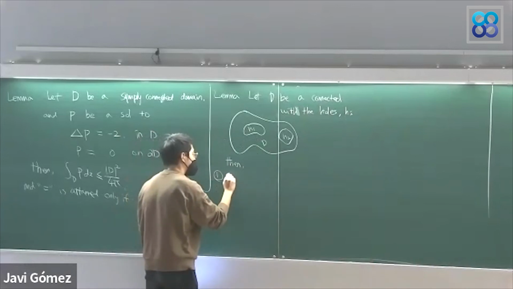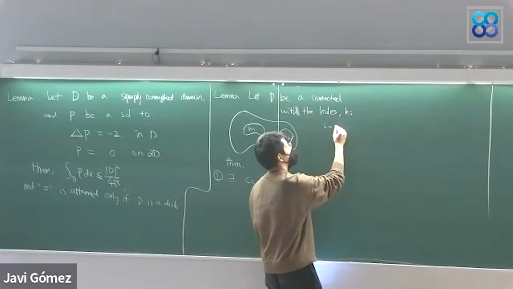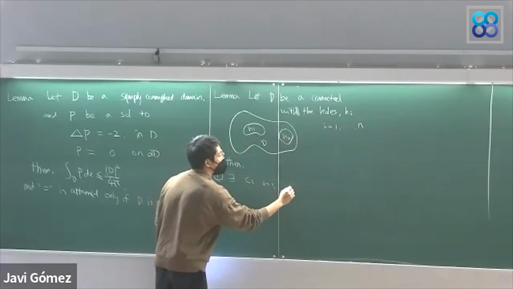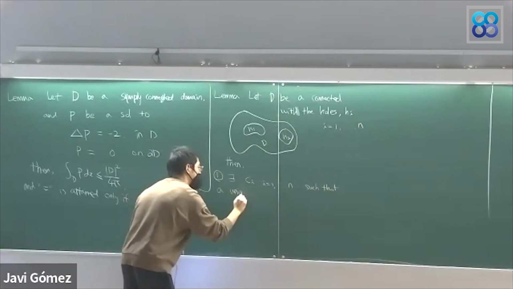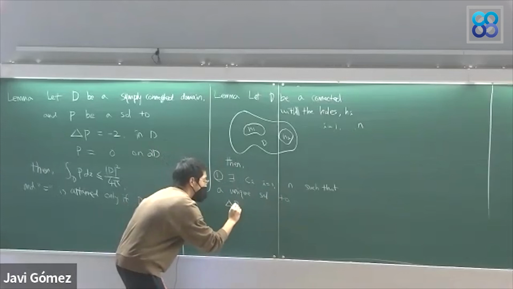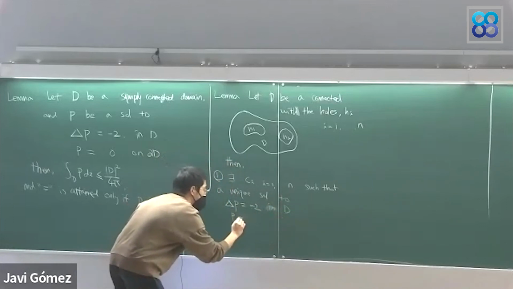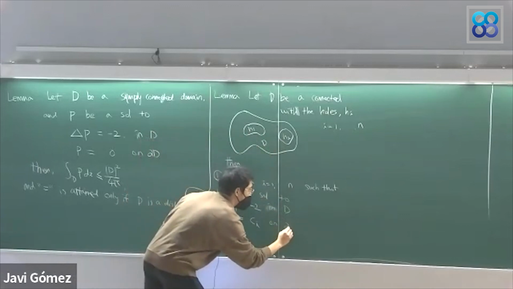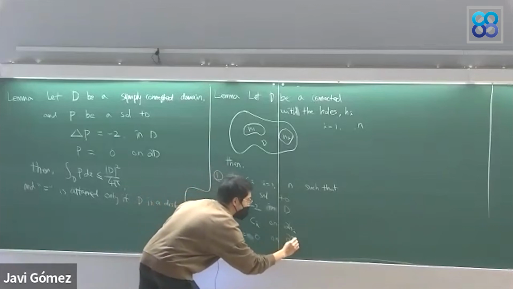The first statement is that there exist constants Ci, where let's suppose we have n number of holes, so i runs from 1 to n, such that there is a unique solution to the following: the Laplacian of P is still -2 in the domain, and P attains these constant values Ci on the boundary of each hole, and P equals 0 on the outermost boundary.